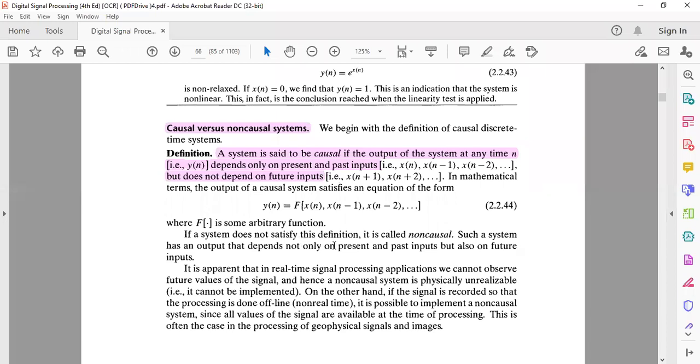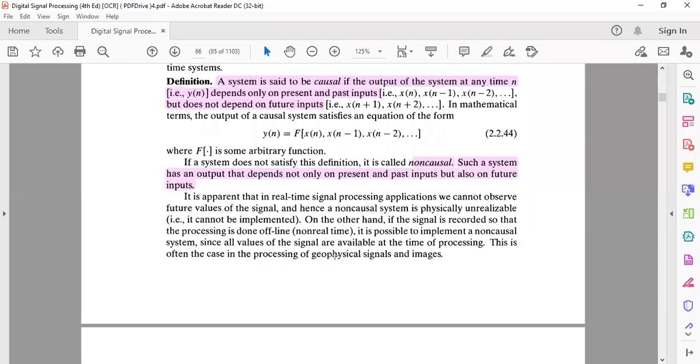If a system does not satisfy this definition, it is called non-causal, and such a system has an output that depends not only on the present and the past, but also on future inputs.